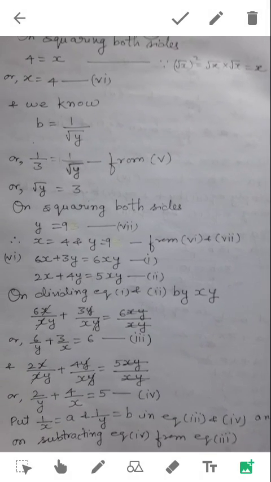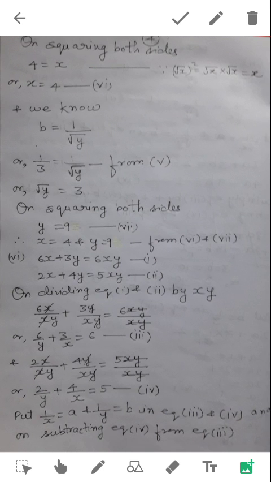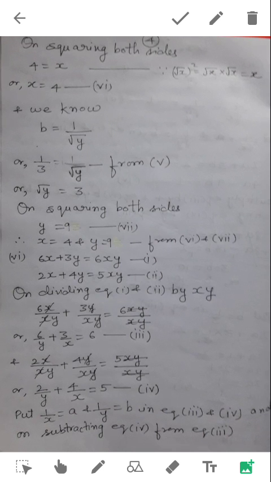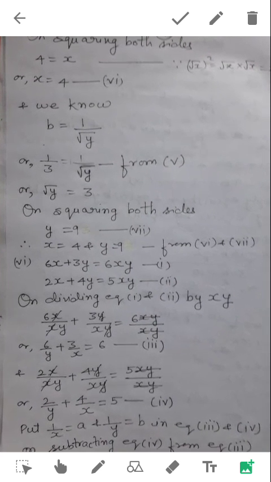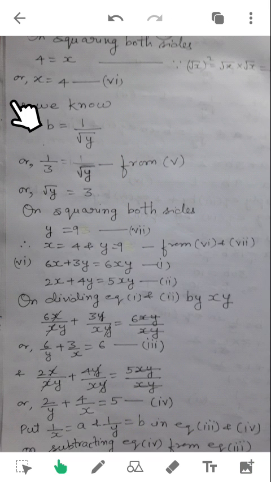Now see here, I've got root x as 2, and on squaring both sides I have got 4 is equal to x, or you can say that x is equal to 4.